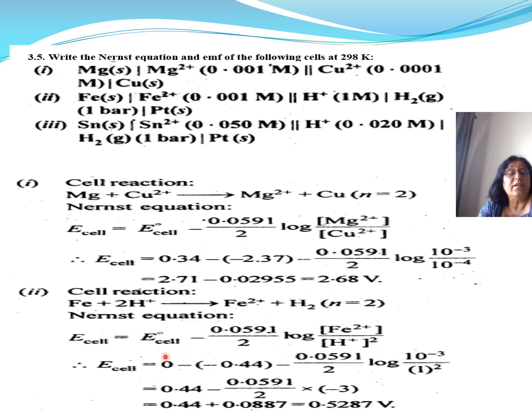Here the E naught cell is E naught cathode minus E naught anode, so it is 0 minus minus 0.44, minus 0.0591 upon 2 log of, Fe2+ concentration 10 to the power of minus 3, and H+ concentration 1 M. So 0.44 minus 0.0591 upon 2 into minus 3, that is 0.44 plus 0.0887. This gives you 0.5287 volts.